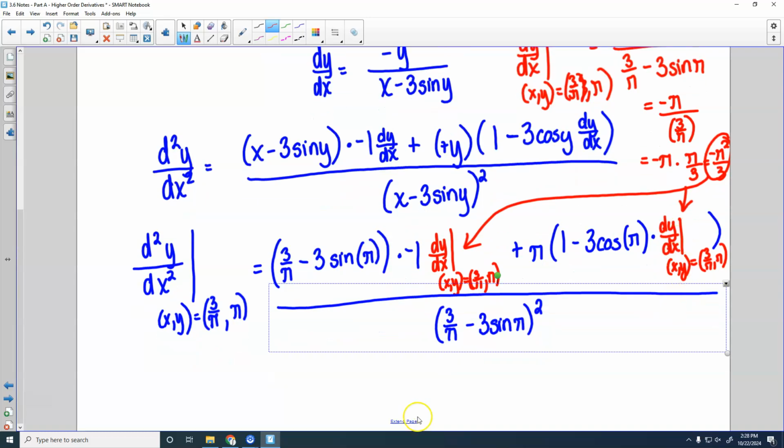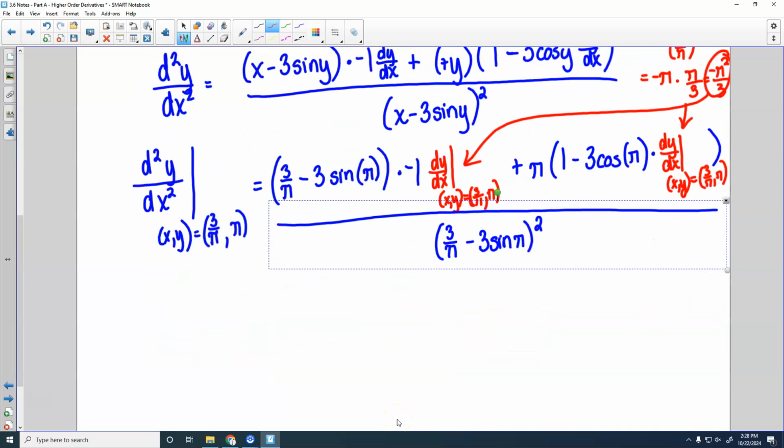It's still going to be a terrible mess, but we've got 3 over pi. What is sine of pi? It's 0, so that's going to go away. We're multiplying that by negative 1. We're multiplying that by negative pi squared over 3.